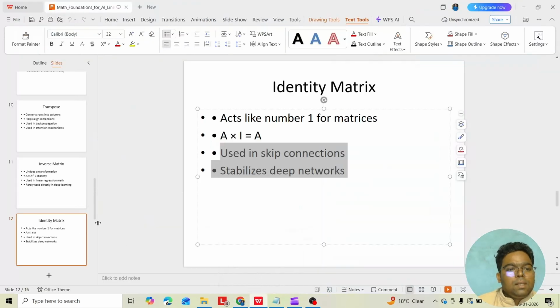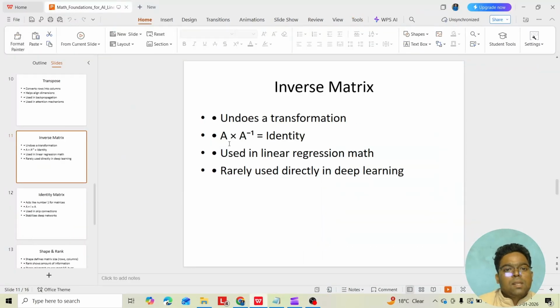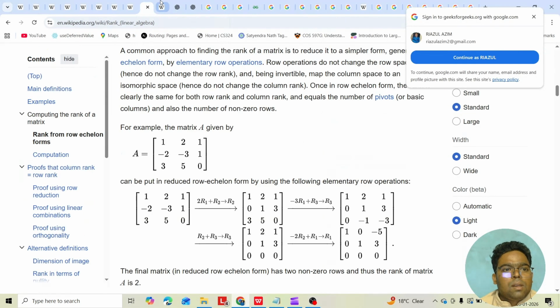So let's see what the inverse matrix is. Let's define a matrix B such that A cross B is the identity matrix. So yeah, that is what I'm saying. You can check the inverse matrix, invertible.